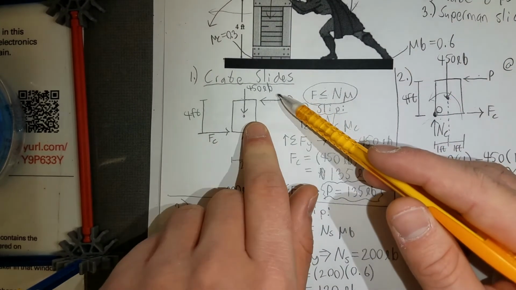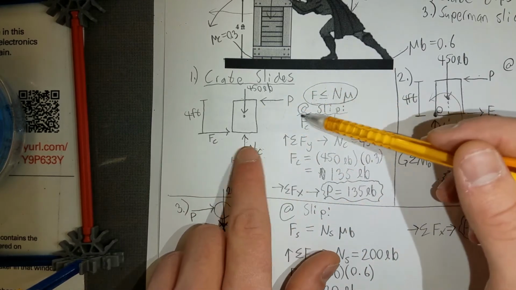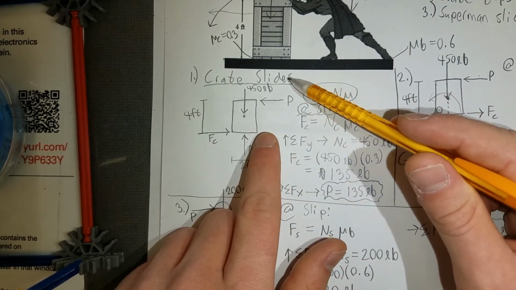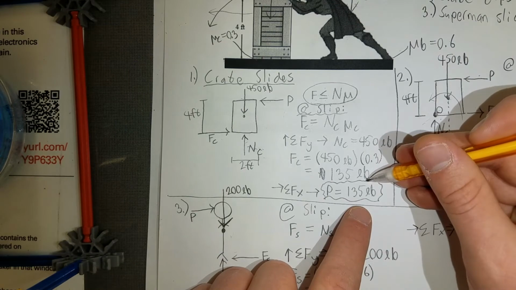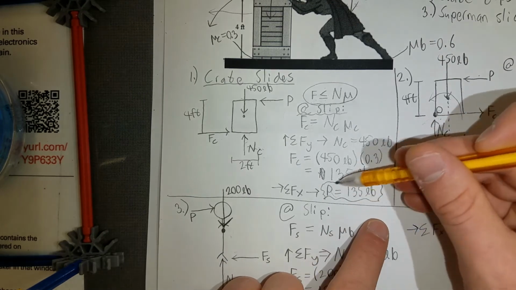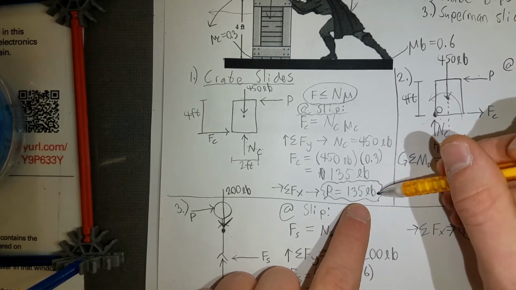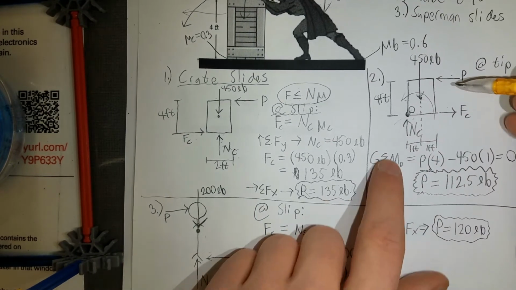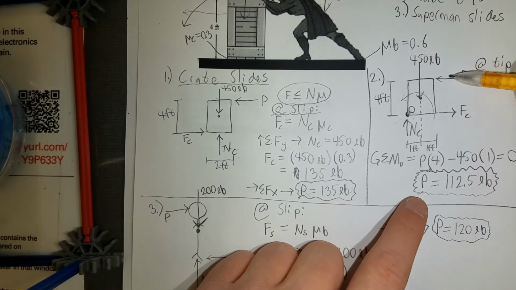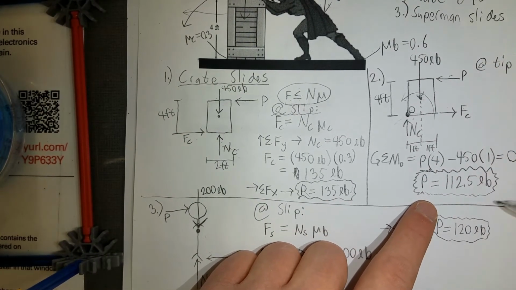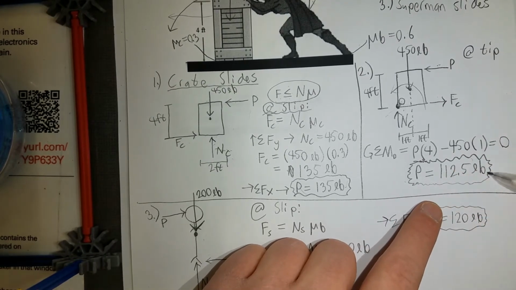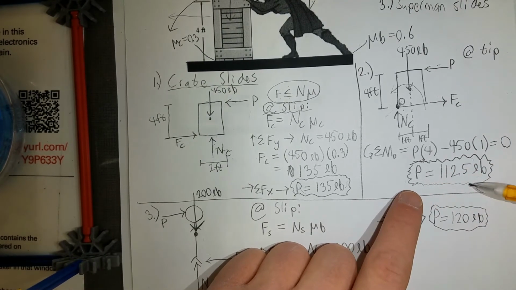In the case of the crate sliding, in order for the crate to slide, P has to be a certain value. And the certain value to make it start sliding is this 135 pounds. Now, if we look at the case of it tipping, though, P needs to be significantly smaller for it to start tipping. So P is going to be 112.5 pounds to make that happen.